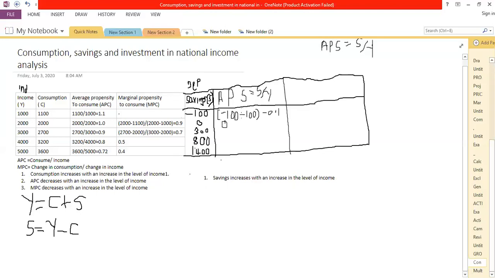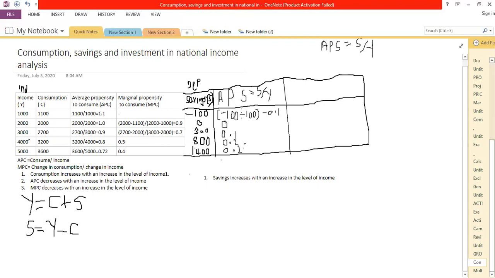Next, we have 300, which we are dividing by 3,000. That should give us 0.1 positive. Next, we have 800 as our savings divided by the income of 4,000. That should give us 0.2. And lastly, we have 1,400 to be divided by 5,000. That should give us 0.28.